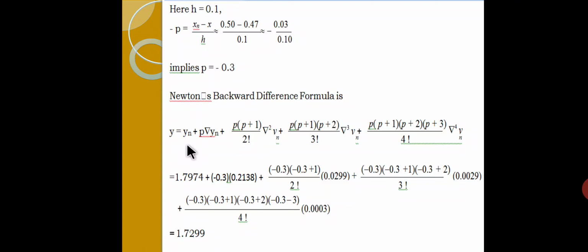So now we substitute the values of yn, nabla yn, nabla square yn, nabla cube yn and so on from the backward difference table.